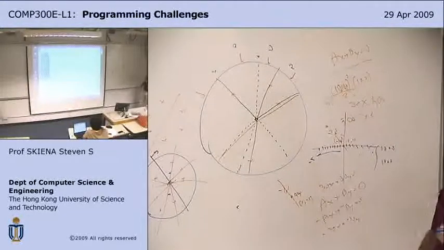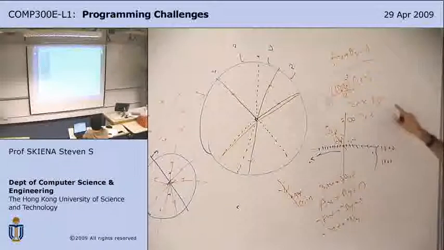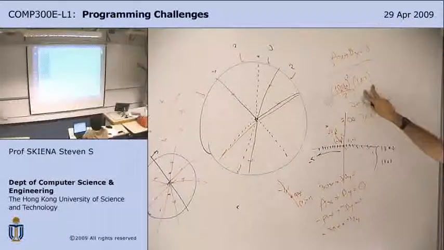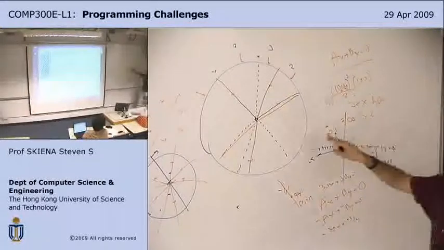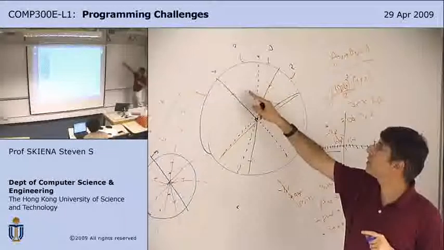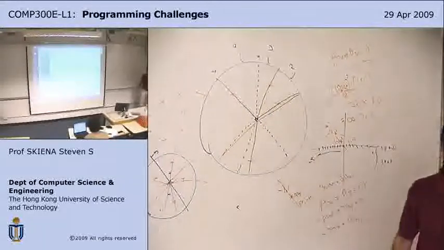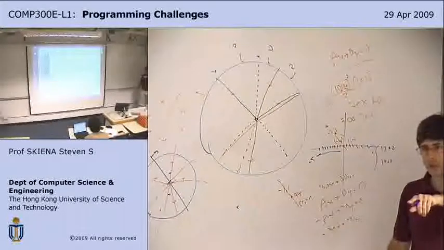And so one possibility is to replace this by a binary search. Take the slope of your desired line. Is that right? And once you have the slope of the desired line, do a binary search to give you the count. Is that what you're suggesting?